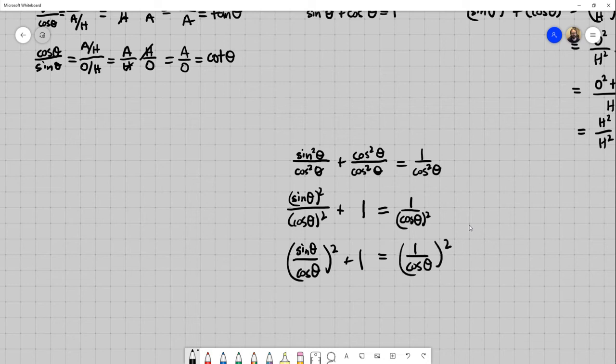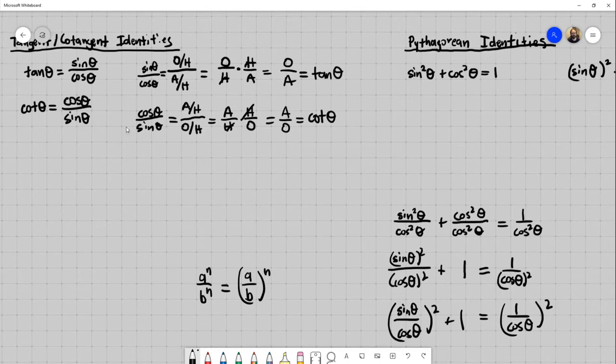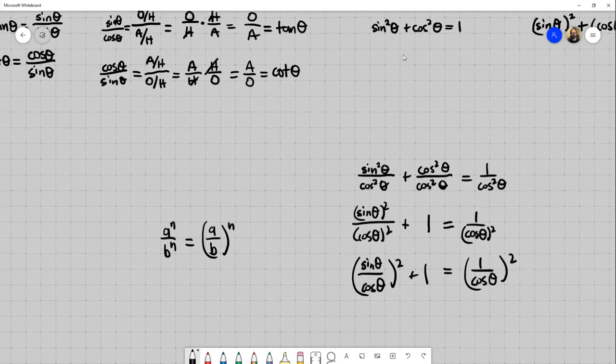The property of exponents that I'm talking about here is the one that says that a to the n over b to the n is equal to a over b to the n. Now, from our tangent-cotangent identities, sine of theta over cosine of theta is equal to tangent. So this is tangent of theta squared.